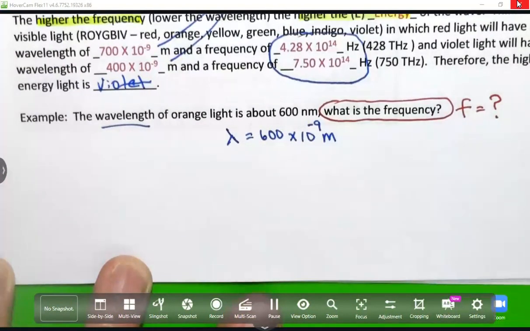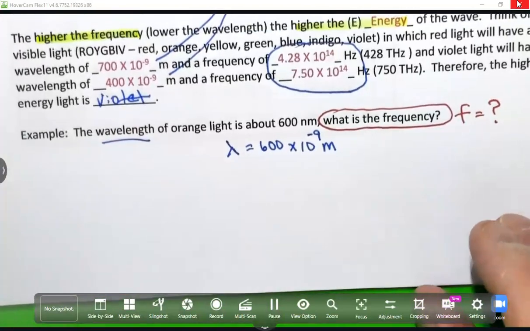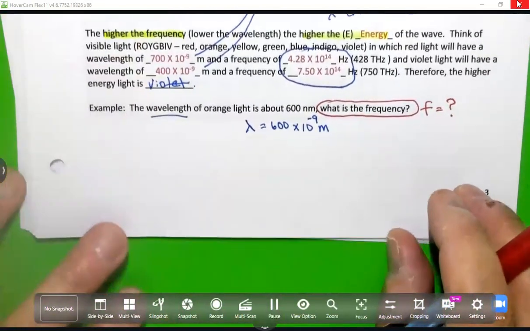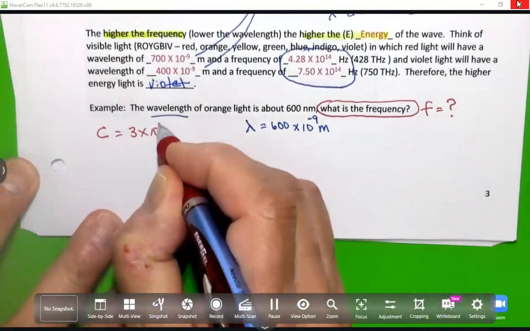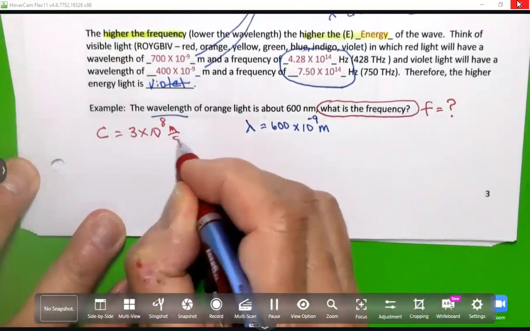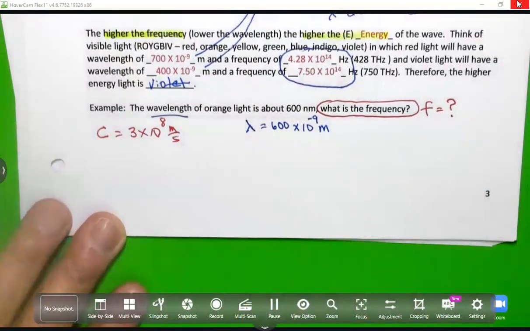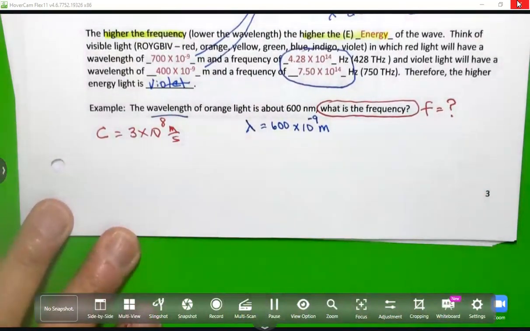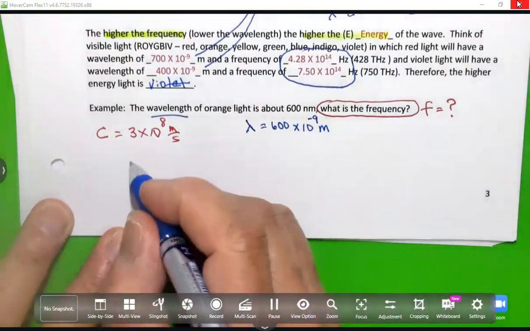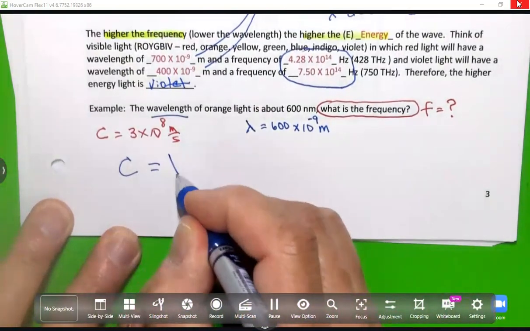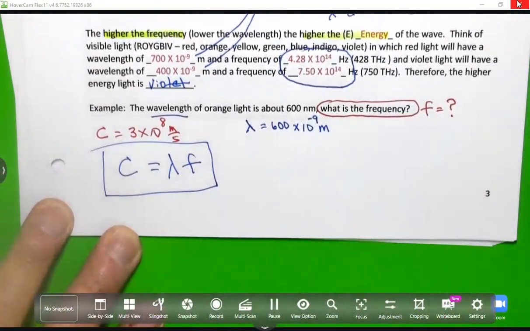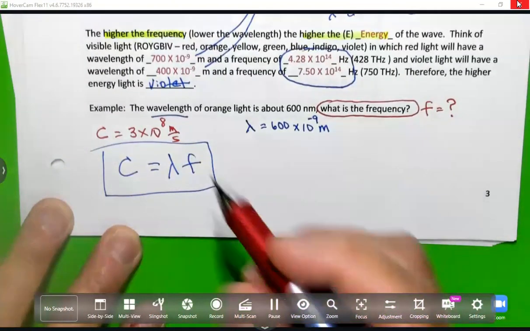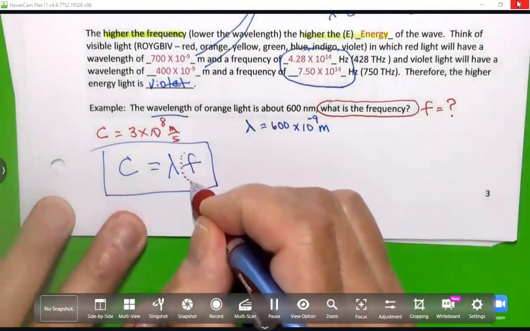Look for frequency. And we know that the speed is 3 times 10 to the 8th meters per second. What's our equation we've been using? Speed equals wavelength times frequency, right? And we're looking for our frequency.